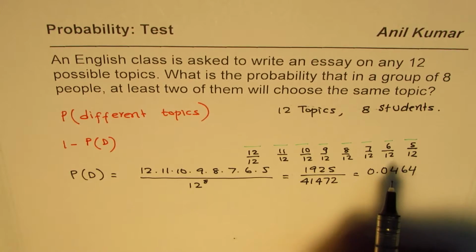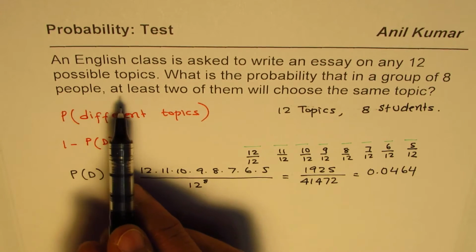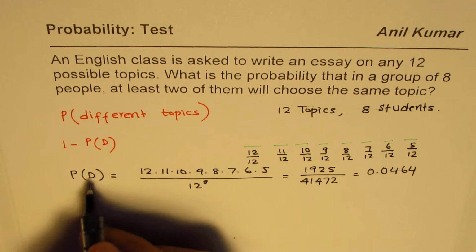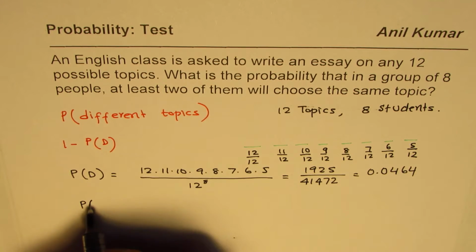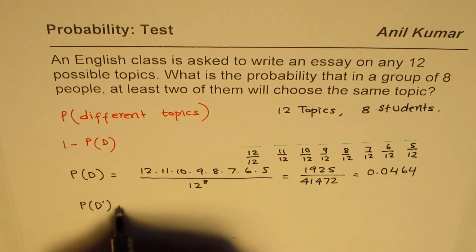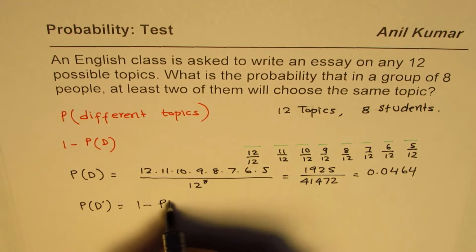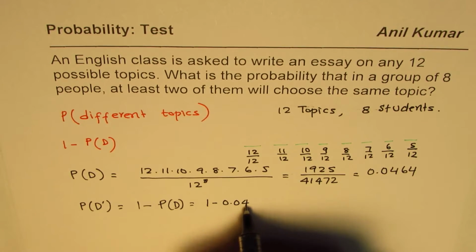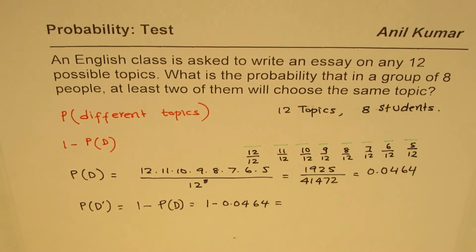But what do we need? We need to find the probability that at least 2 of them will choose the same topic. So not different. So the probability for this, D prime, will be 1 minus different. So that is 1 minus 0.0464, and let's do that.